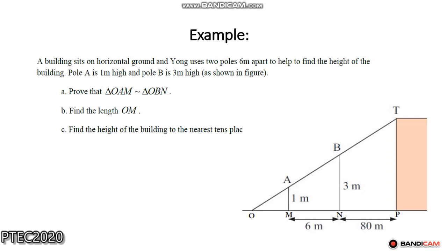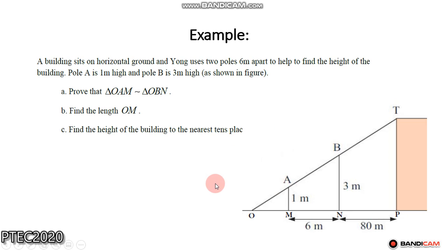Pole A is 1 meter high and pole B is 3 meters high as shown in the figure. The first question is: prove that triangle OAM is similar to triangle OBN. B, find the length of OM. And C, find the height of the building to the nearest tenth place.